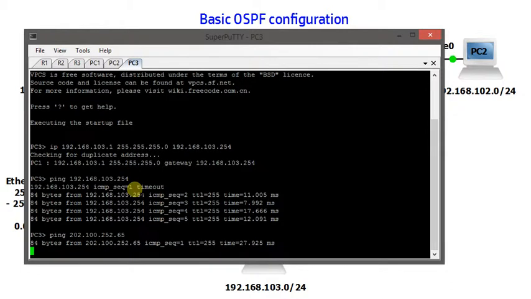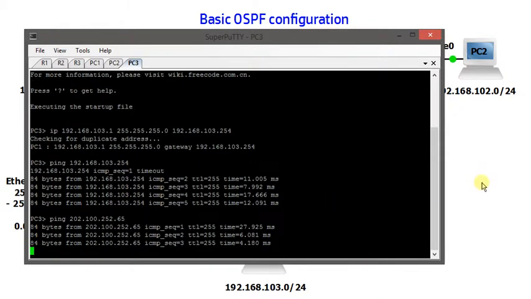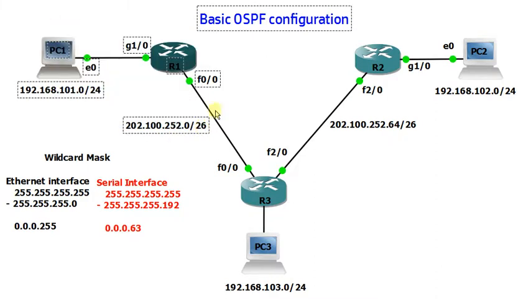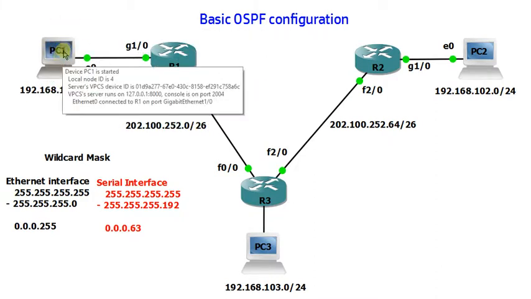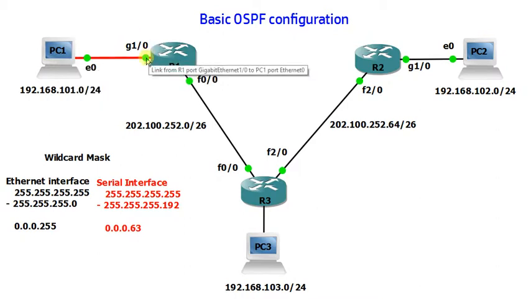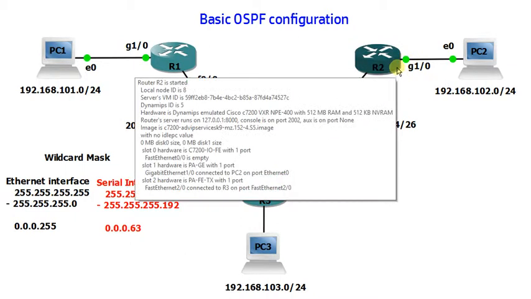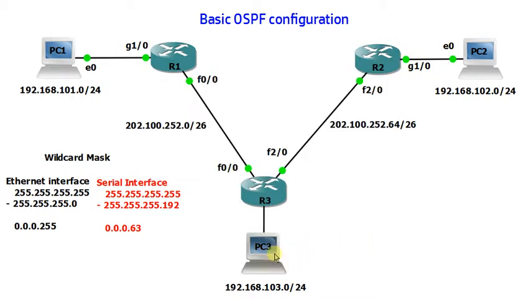I should be able to ping that, yeah, because that's my directly connected f2/0 interface. Right, so theoretically it's working at the moment. I can ping from PC1 to the G1 interface, PC2 to the G1 interface on R2, and PC3 to the G1 interface in here.